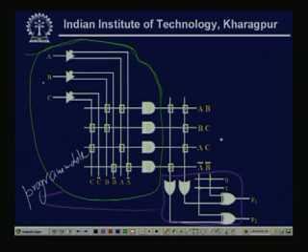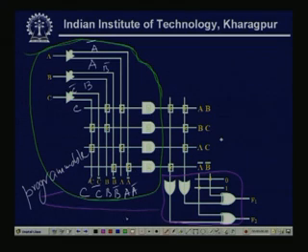So it has 3 inputs A, B, C, and just like what we have seen, both A and A bar are available. That means this is my A and this is A complement, B, B complement, C, C complement, and that are given. We can write here also, this is C, C bar, B, B bar, A, A bar.